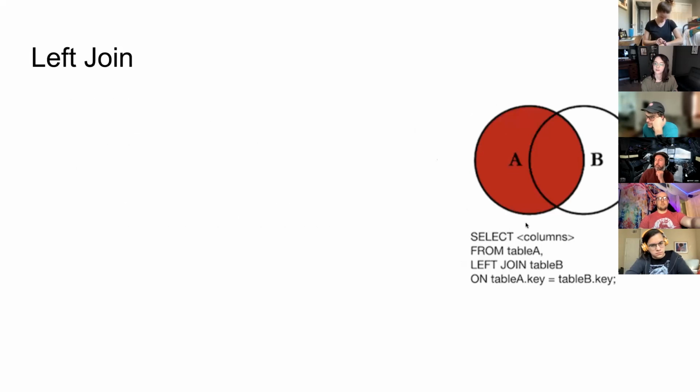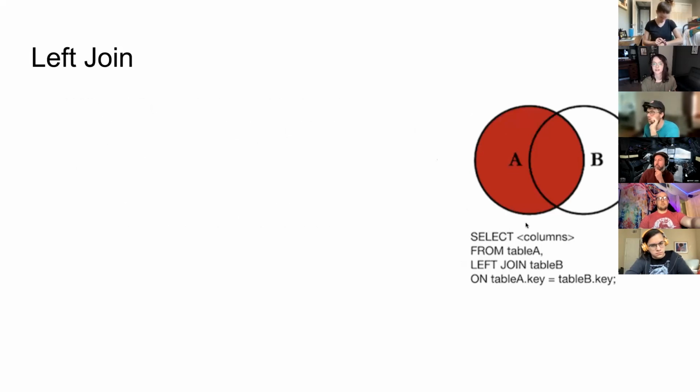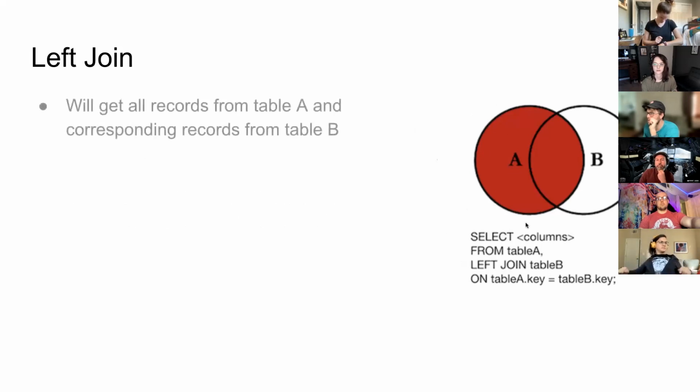And then the left join and right join are what we would call an outer join. It is not going to take out any records that don't have a corresponding record on the other side of this diagram. A left join will get all the records from table A, and it will also get corresponding records from table B, but it will not skip the records on table A that don't have a corresponding record on table B, if that makes sense.